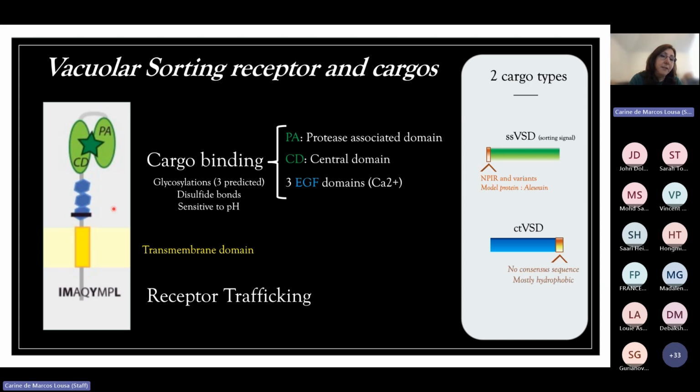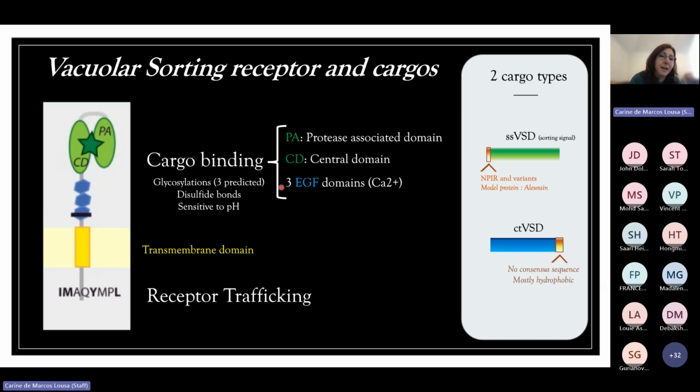Just to explain the structure as we knew it at that time: vacuolar sorting receptors have a transmembrane domain, a C-terminal domain that has motifs important for receptor trafficking, and a cargo binding domain consisting of three main domains. One is the PA, protease associated domain, then the CD, central domain, and three EGF domains, in blue here, that are supposed to bind calcium.